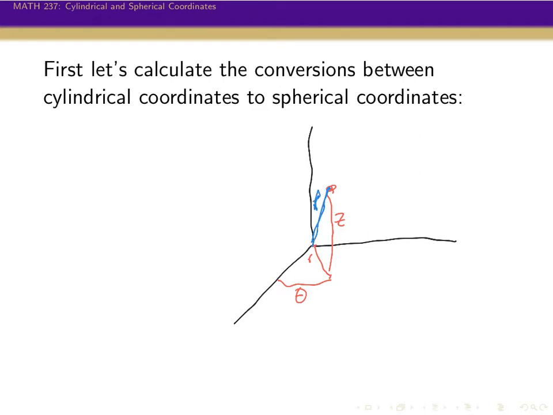So rho, r, and z make a right triangle, and so let's kind of rewrite this right triangle over here. So in this right triangle, the rho side is in blue. It's going to be the hypotenuse. The base is r. The height is z. And so this is going to give us that rho squared is equal to r squared plus z squared.